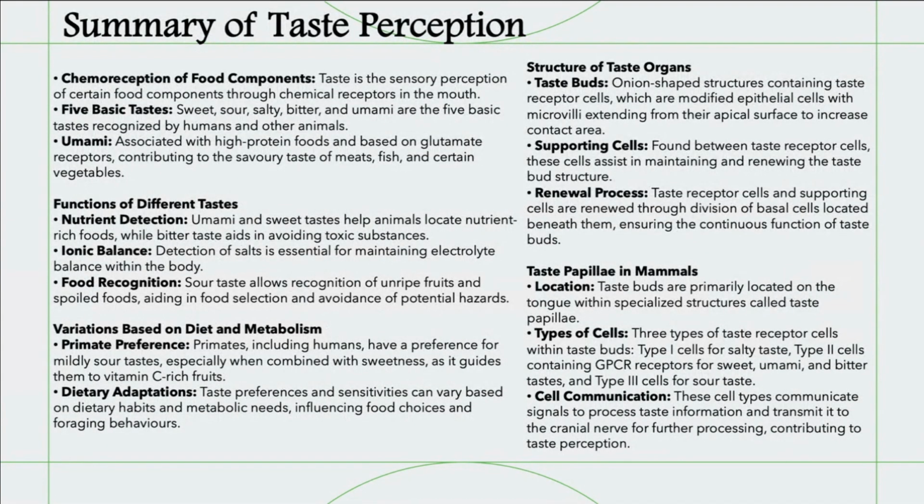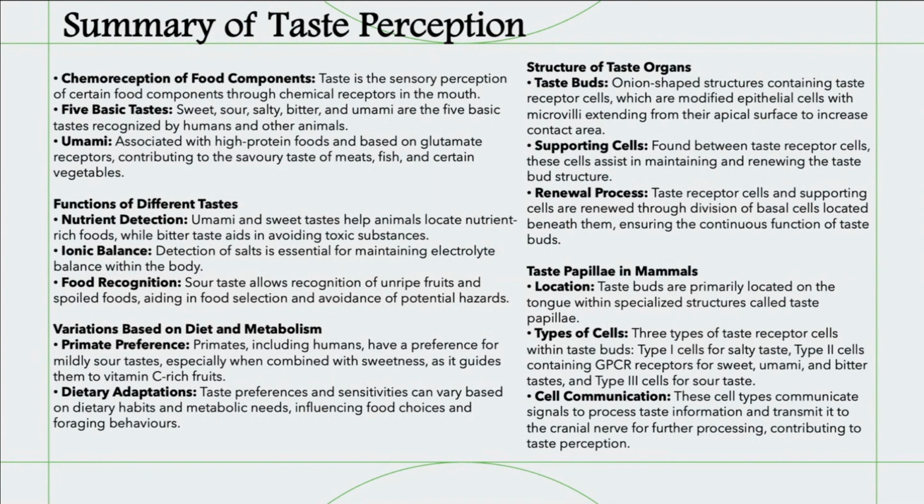So the summary of taste reception. Okay, so chemoreceptors are basically what is going to help us detect the different types of tastes. We mentioned that we have taste receptors, which are specific to either sweet, sour, salty, bitter, or umami, like savory.